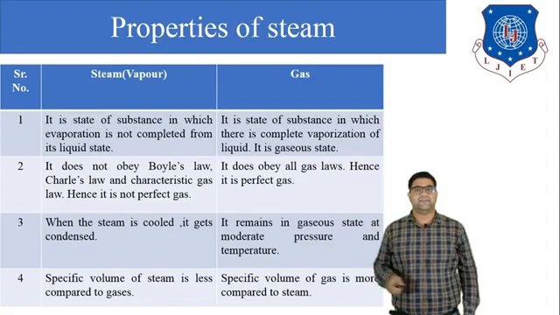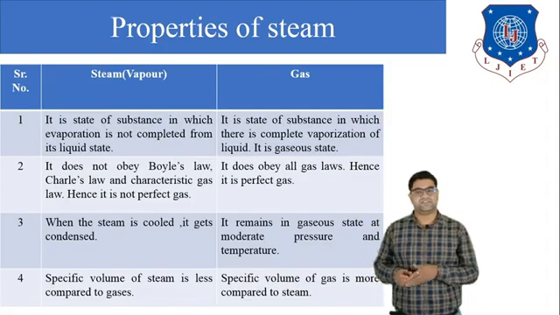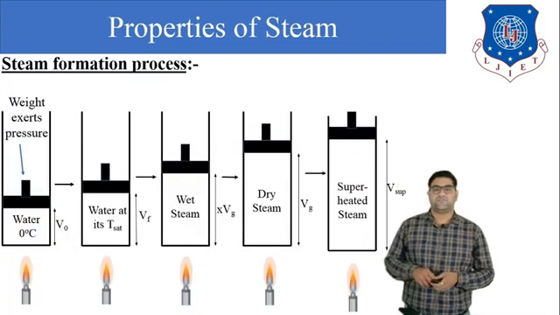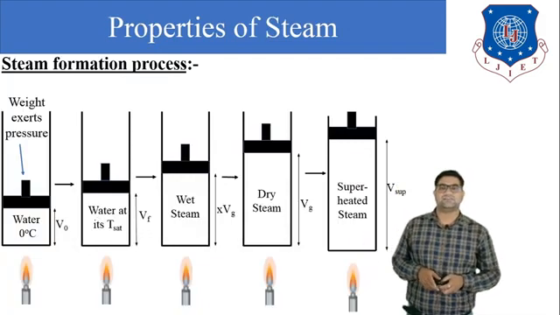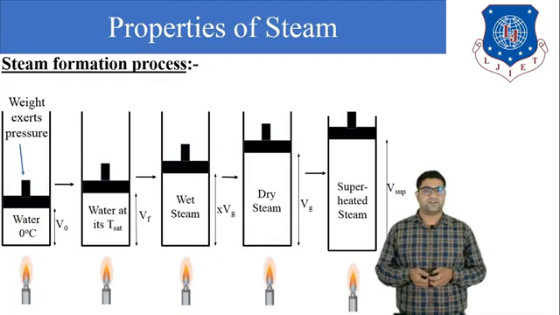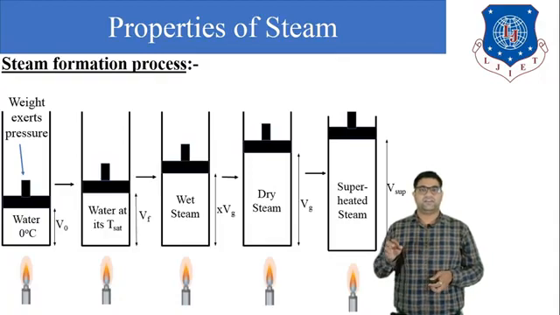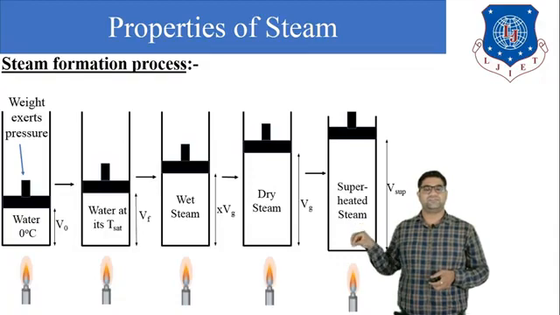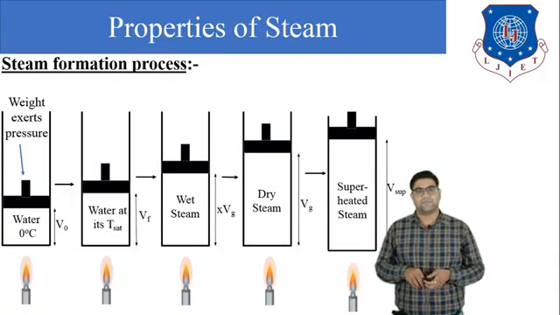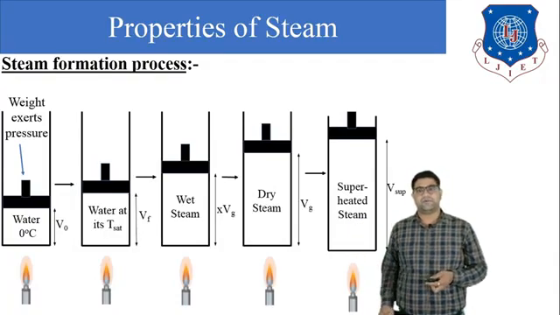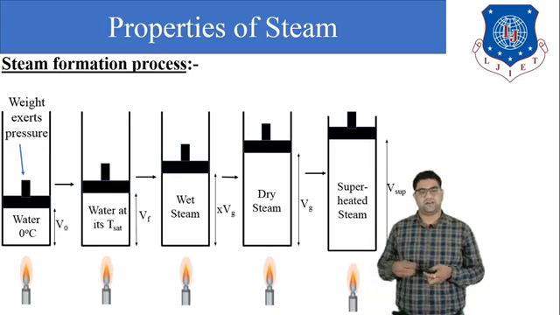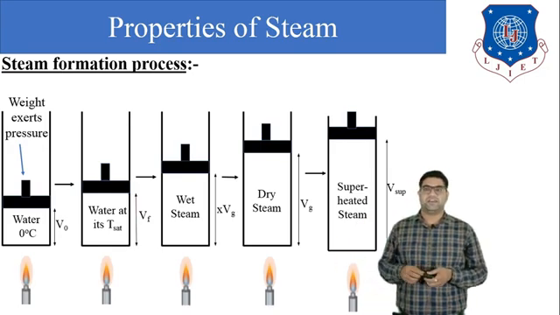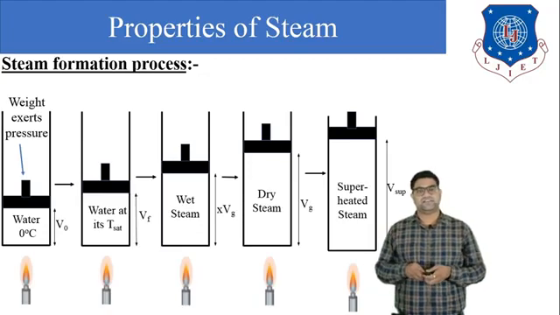Now let us understand how steam is generated. This is a simple diagram from which you can better understand how steam is generated from water. Initially we take water at 0 degree Celsius, and we supply heat with the help of a burner. In the first figure you can see that water is at 0 degree Celsius.